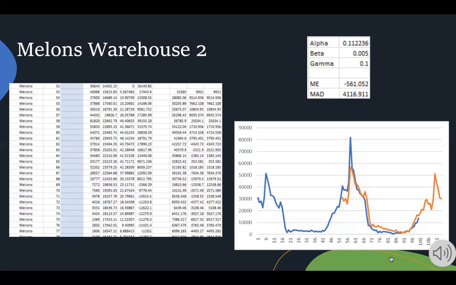Then using the Solver function, I was able to optimize these values, and it gave me alpha as 0.1122, beta as 0.005, and gamma as 0.1. As you can see here, the ME is negative 561, and the MAD is 4116. On the next slide, this ME and MAD will be compared to other forecasting methods that I used, and we will see whether Holt-Winters method was the optimal forecasting method to use.